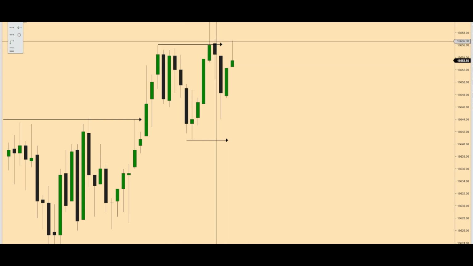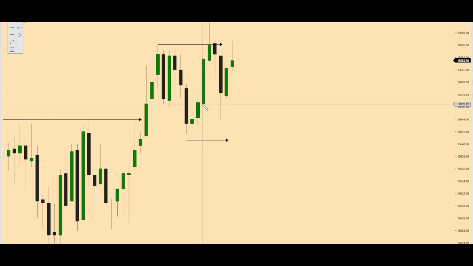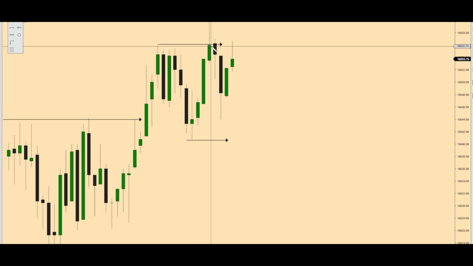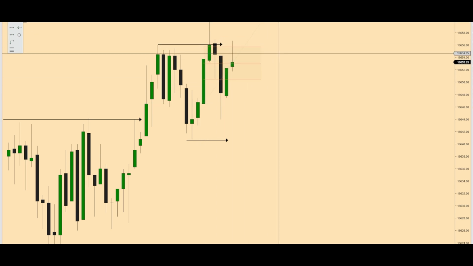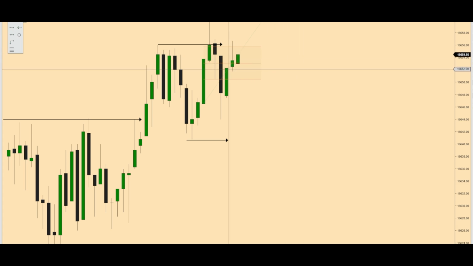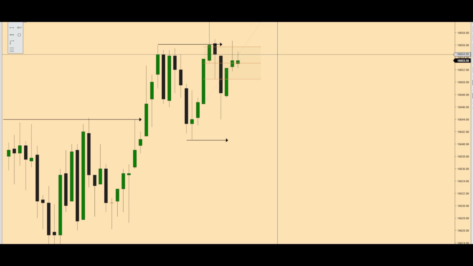I'm not very good at double tops. This low took a high. I just took a trade today based off something like this, and it literally just went through.